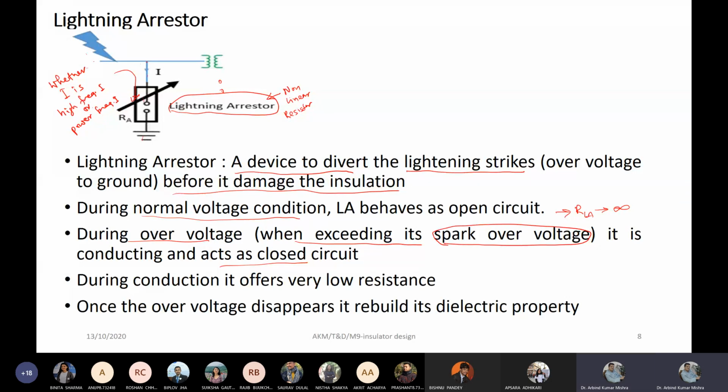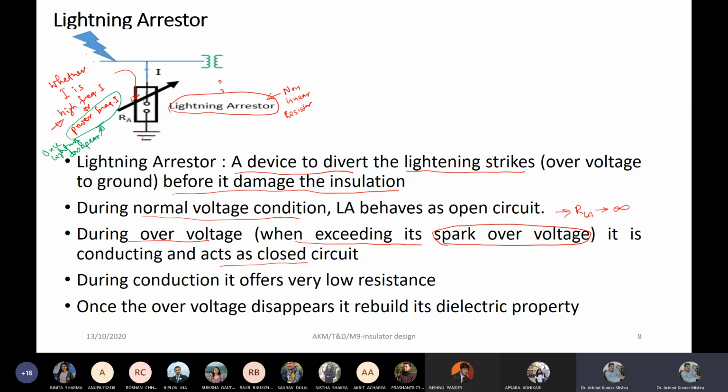Definitely when this sparks over, high frequency current will flow, but after some time, once the lightning disappears, the power frequency current starts flowing through it.